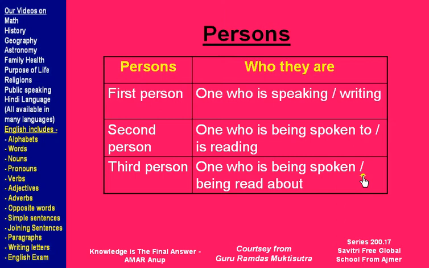So I am the first person because I am speaking. You are the second person because you are listening, and Rama is the third person because I am talking about Rama, who is not here. Between you and me, I am first person, you are second person, and Rama is third person.